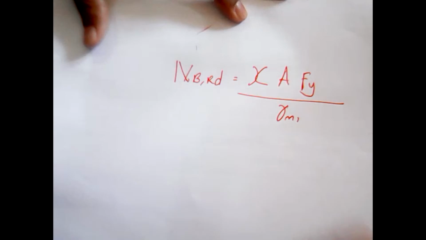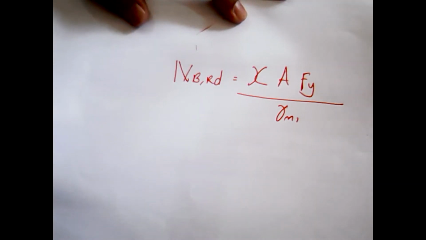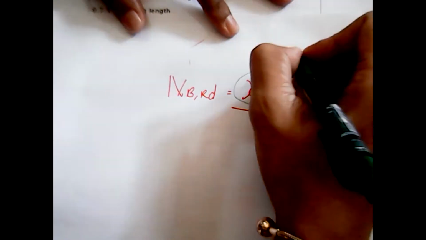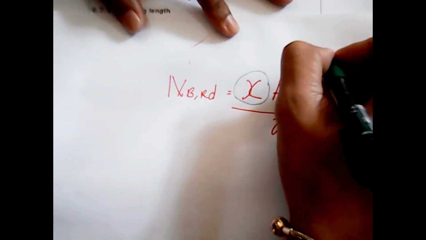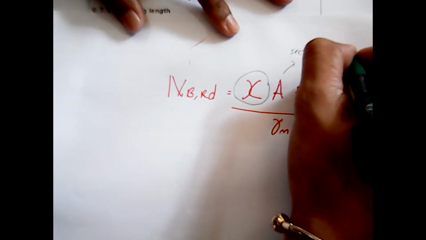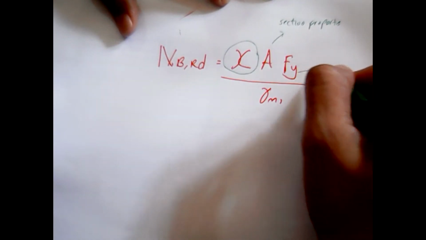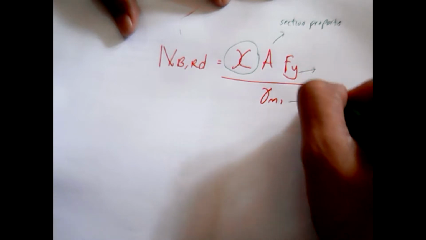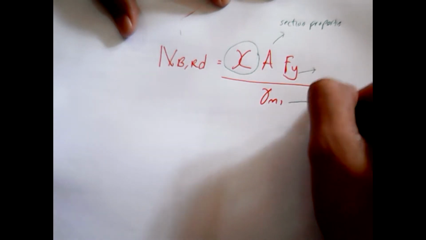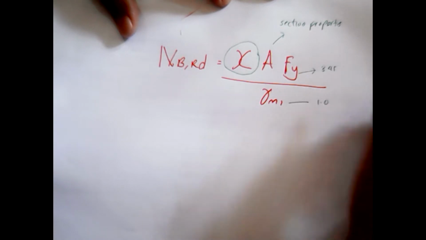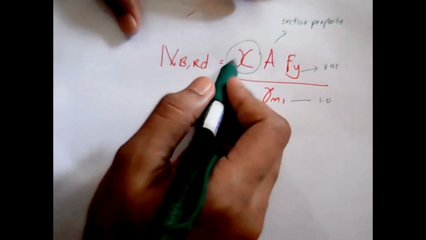Then you need to find the reduction factor, because the area you can get from the section properties, and you already know your Fy value and your gamma M1, which is 1.0, and here you can get 355.